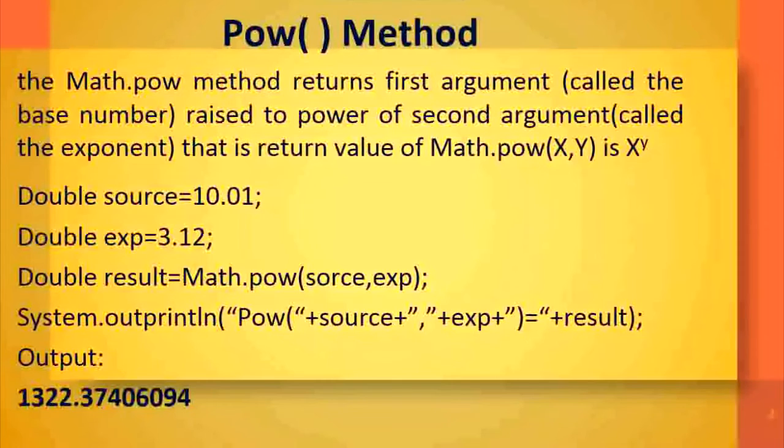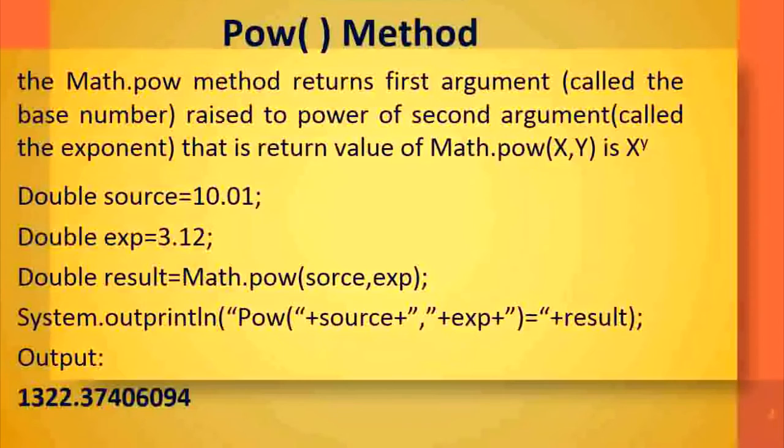Let us consider the code fragment. double source is equal to 10.01, double expense is 3.12, double result is equal to Math.pow(source, expense).